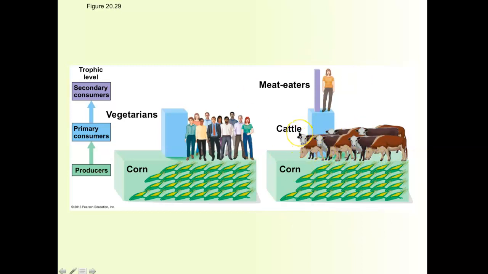Cattle, for example, are very water intensive, they're land intensive, and so it takes a lot of energy to grow one cow, a lot of corn, a lot of production to grow one cow, and then you have that steak, which you could have had, the same amount of calories coming from plants. So it's easier on the environment for people to eat lower on the food chain.